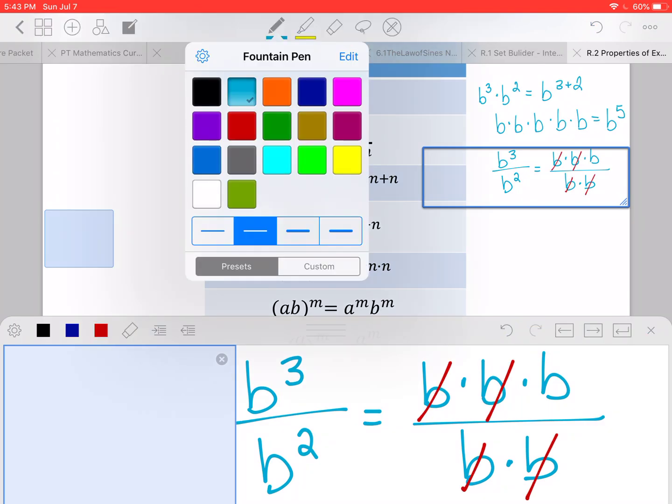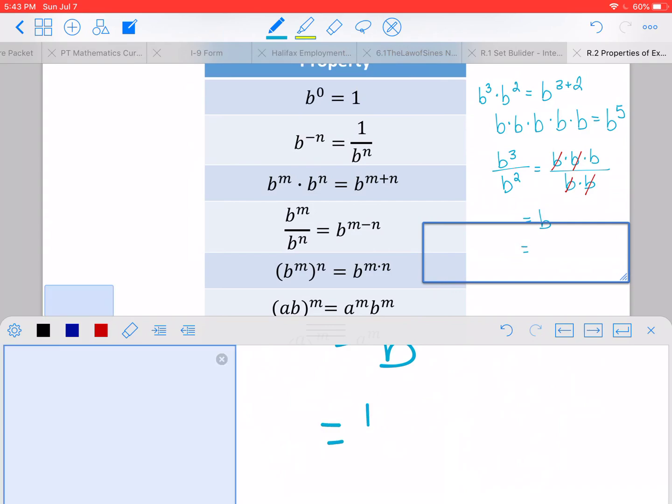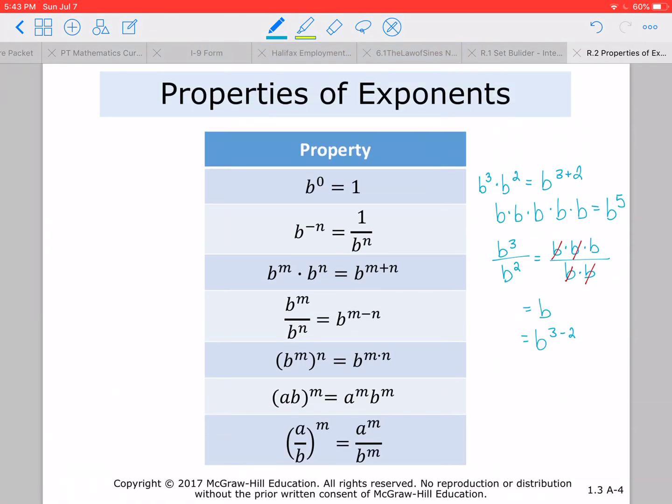And we're left with just b. So here you can see that b to the 3 minus 2 is b to the 1, or b. So that's why those work like they do.